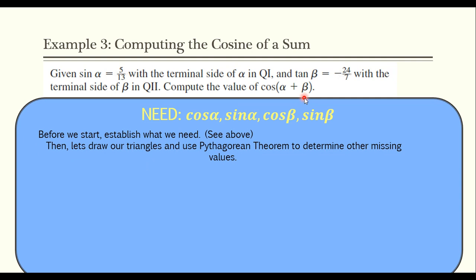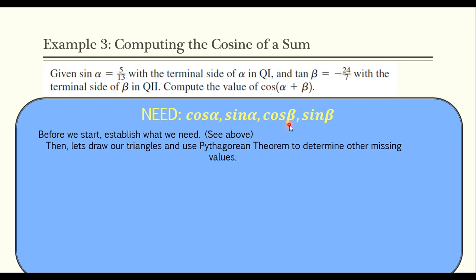So a good frame of mind is to figure out what we need, right? I need those four things in order to just be able to work with this expression right here, in order to be able to use my sum of cosine identity. Then I need more information from here.